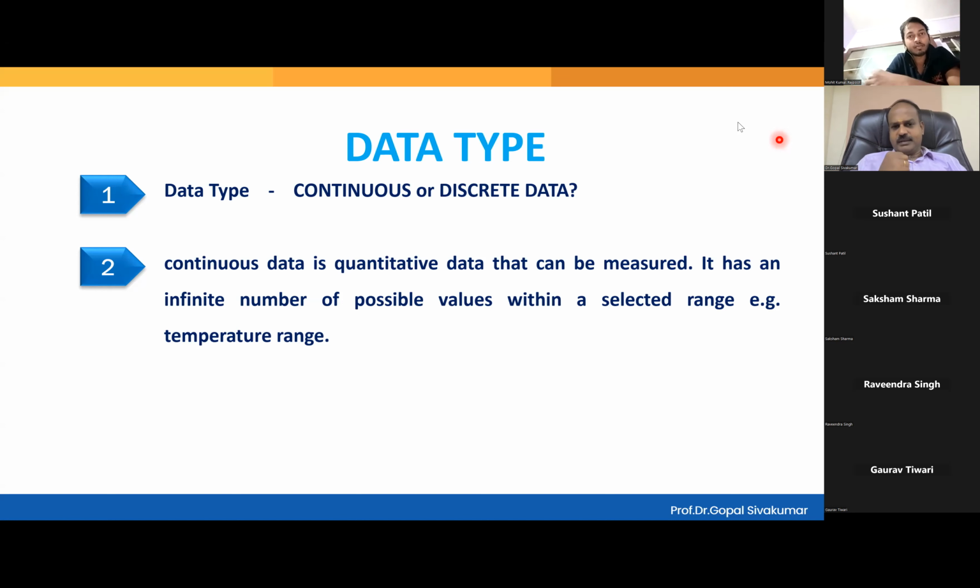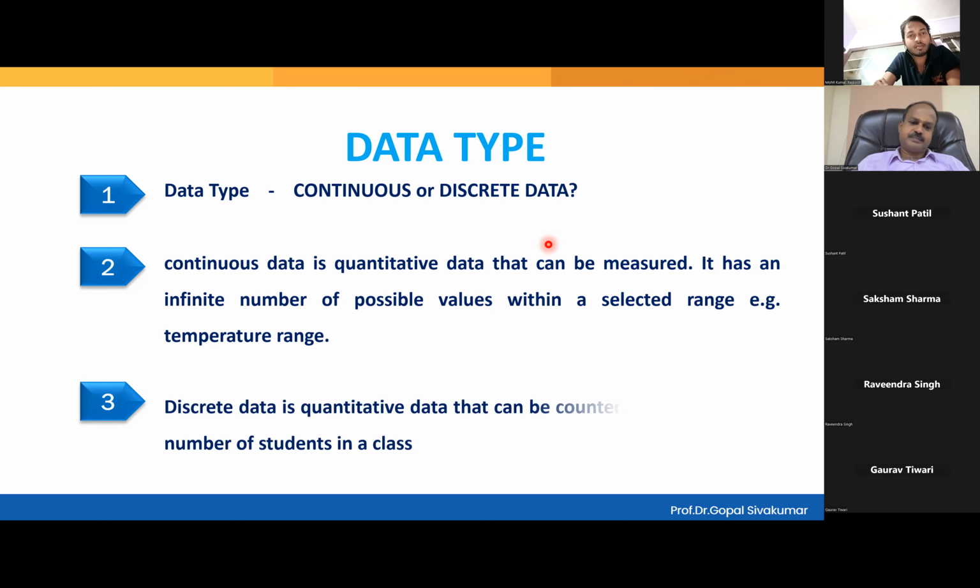Only three. Finite possibilities. Your data can be in the finite possible category, or your data can be in the infinite possible category. If it is in the finite possible category, we call it discrete data. Now, can one of you read the definition for discrete data?